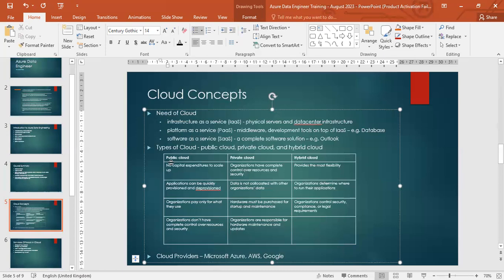So basically, there are different types of cloud. One is the public cloud, second is the private cloud, and third is the hybrid cloud. The private cloud will be used, for example, when an organization does not want to make their data publicly available, meaning they do not want to move the data outside of a particular region, or they want the whole control of the data.